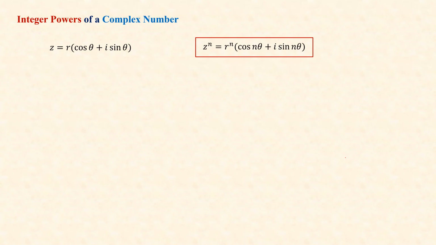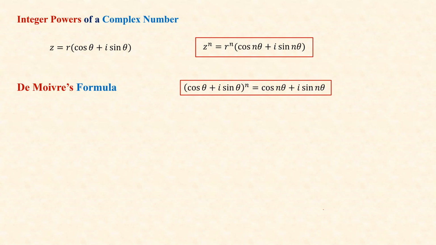But the interesting thing that this gives us is the following. We have de Moivre's formula that says that cosine theta plus I sine theta to the power n becomes cosine of n theta plus I sine n theta. See, this is r to the n, and this to the n if you raise everything to the power n.